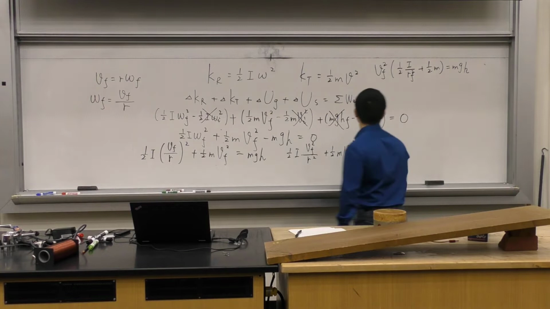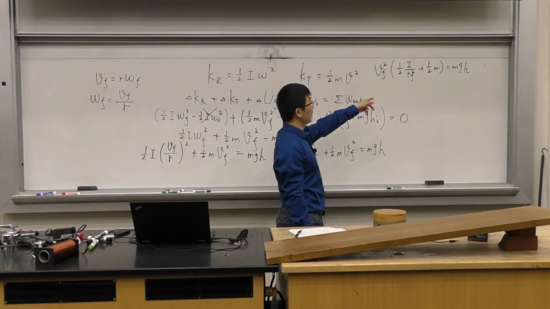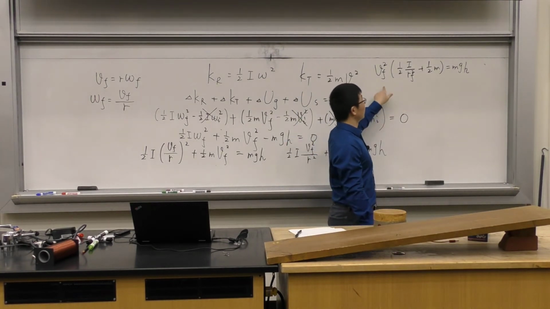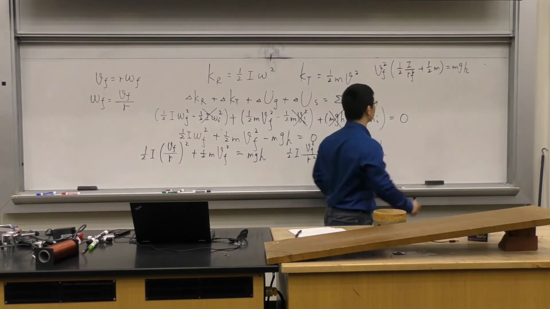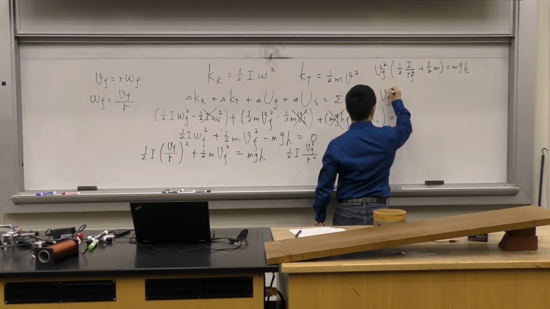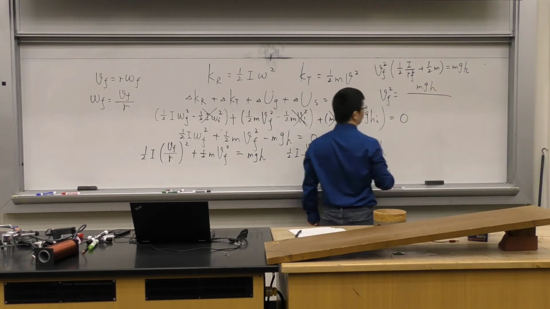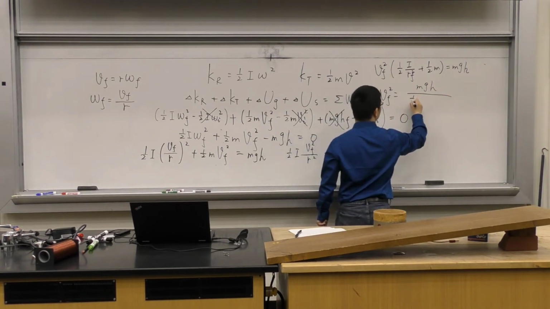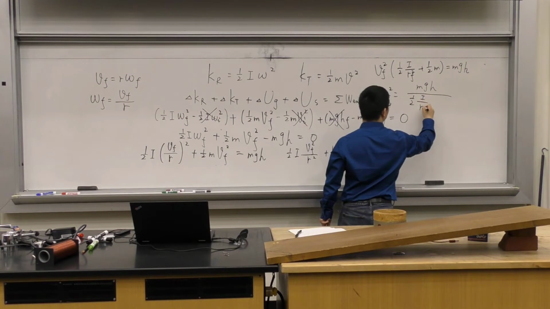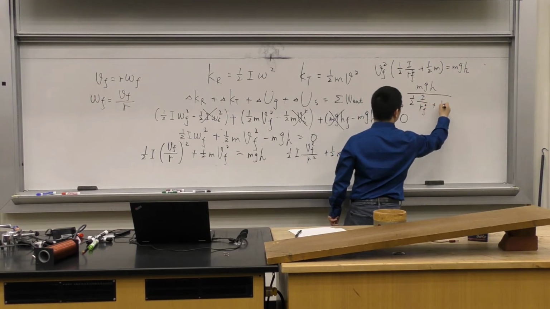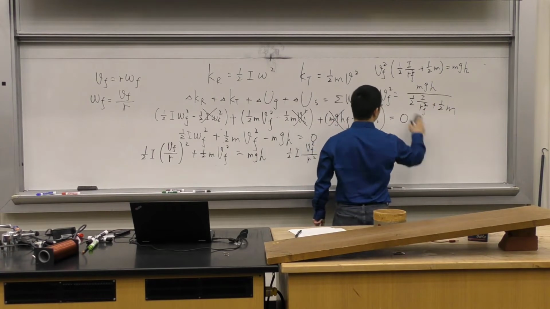And then just divide both sides by this factor, and then take a square root. So VF squared is going to be mgh over (1/2 I over R squared plus 1/2 M). Okay, then square root.